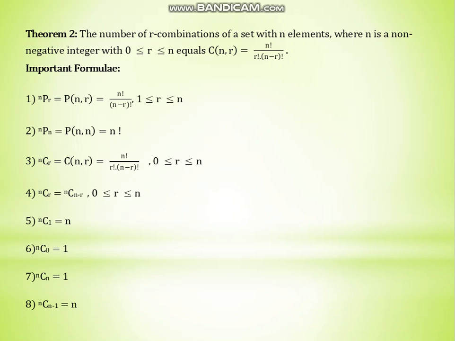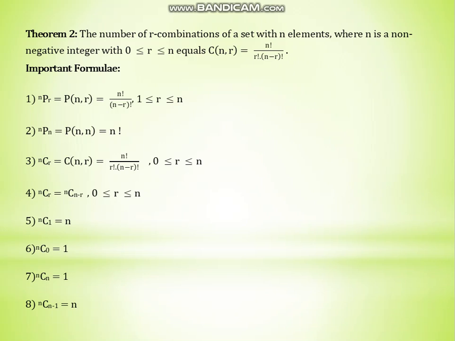nC1 means if there are n distinct objects and you are choosing just one, it can be done in n ways. nC0 means you are choosing nothing, so this can be done in one way. nCn, if there are n distinct objects and you want to choose all of them, can be done in only one way.